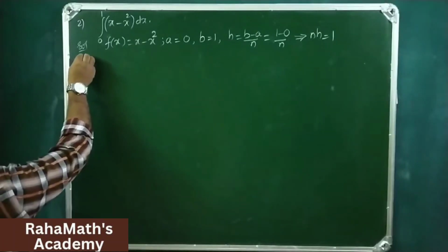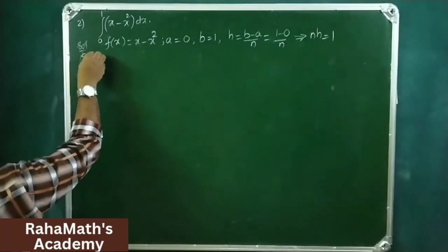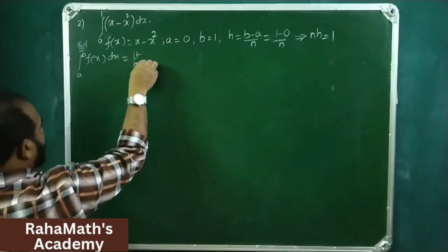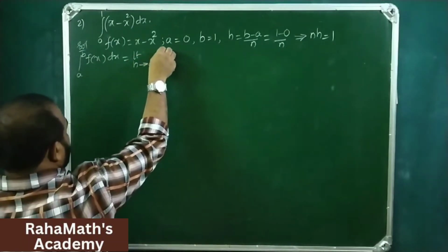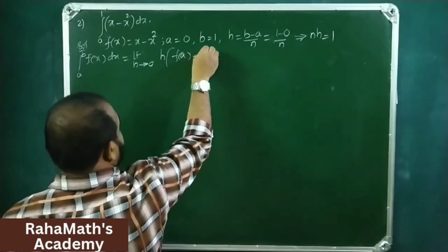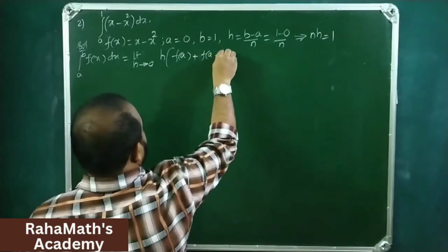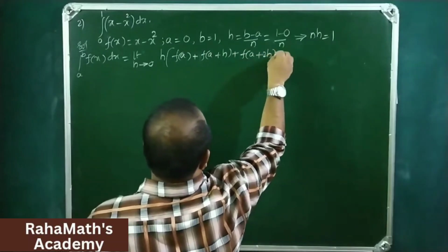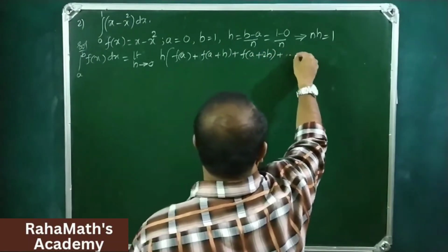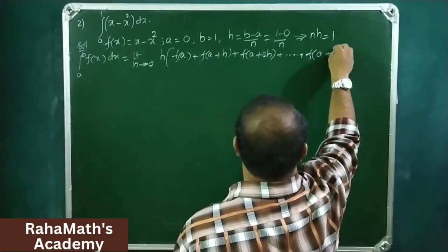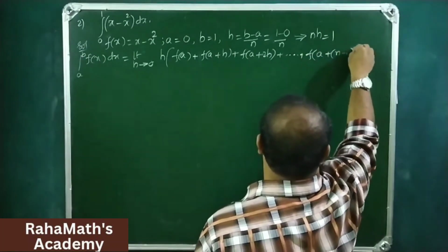So we have a formula integral a to b f of x dx is equals to limit h tends to 0, h into f of a plus f of a plus h plus f of a plus 2h plus etc. plus f of a plus n minus 1 into h.